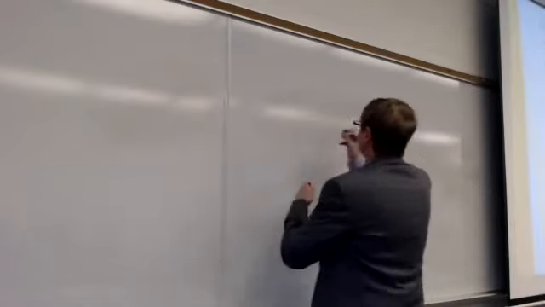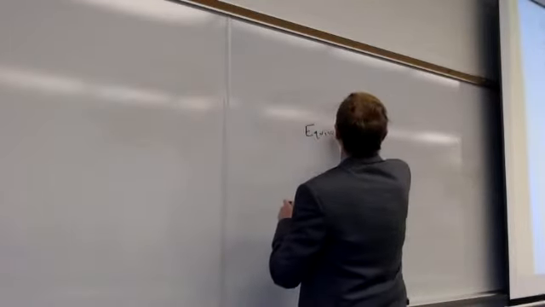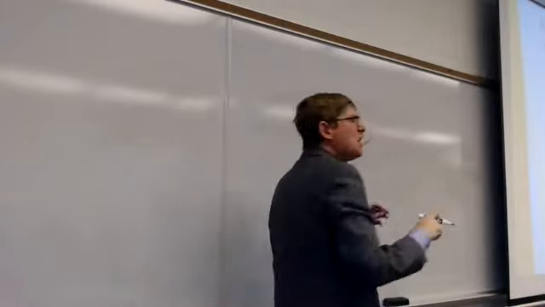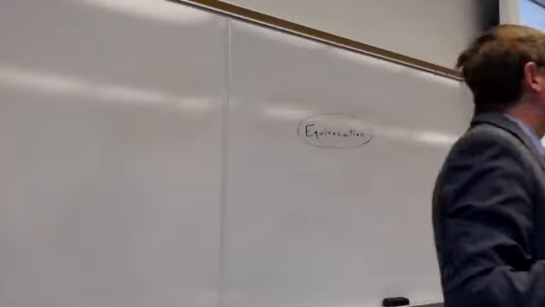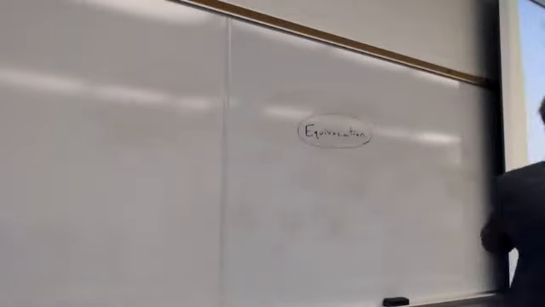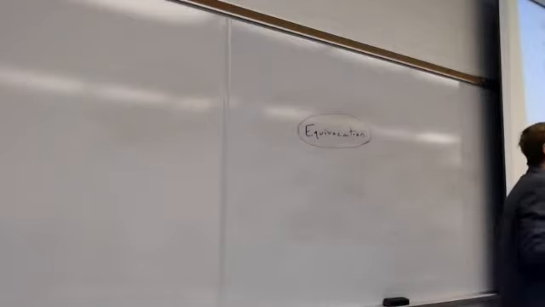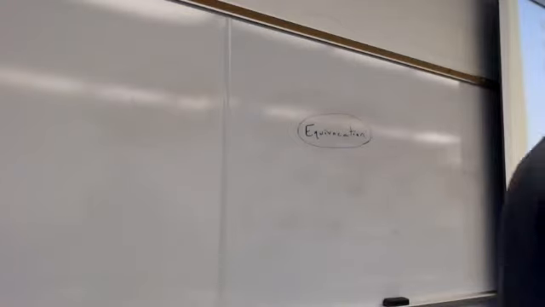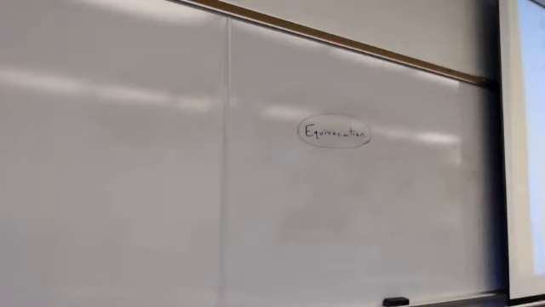Equivocation. This is one that students sometimes have difficulty wrapping their heads around. Now, if we say that a term is equivocal, what we mean is that the word has more than one meaning. To say that a word is an equivocal word is to say that it has more than one meaning.